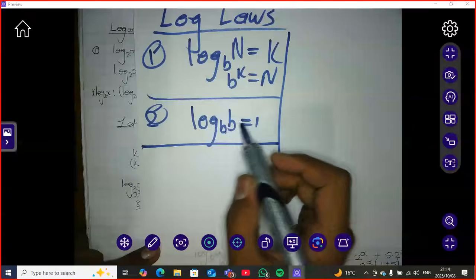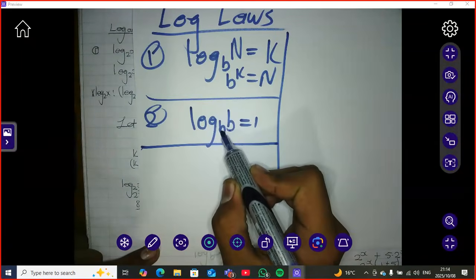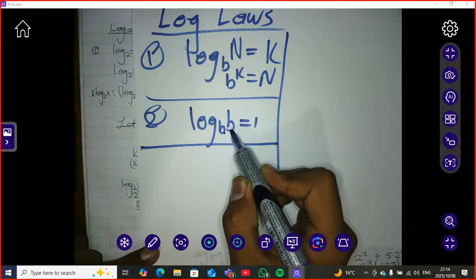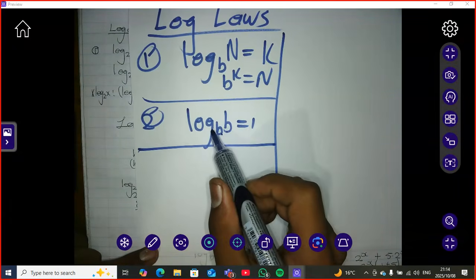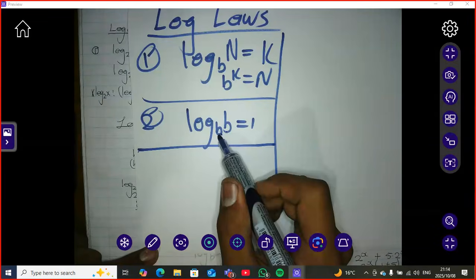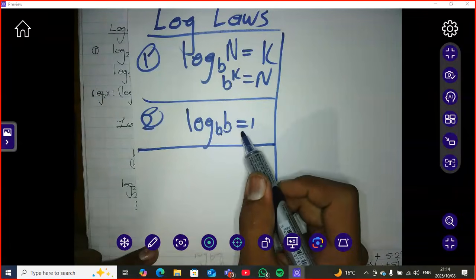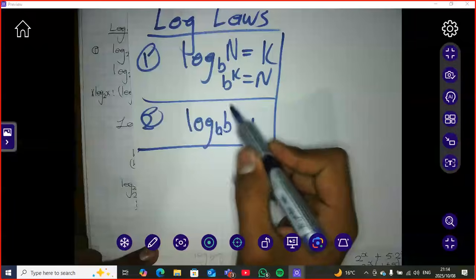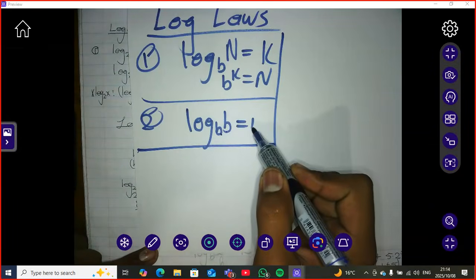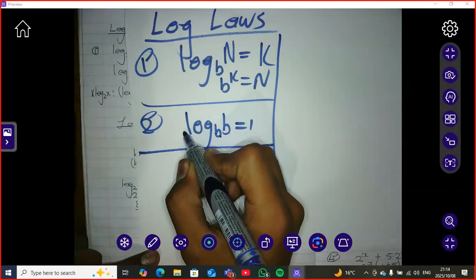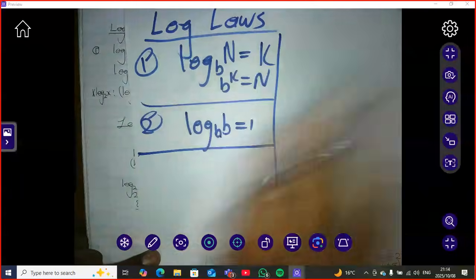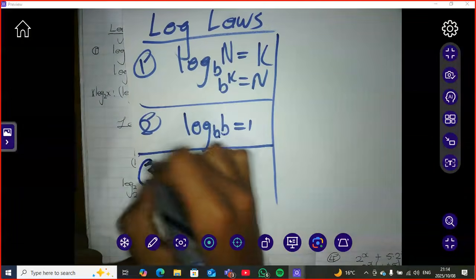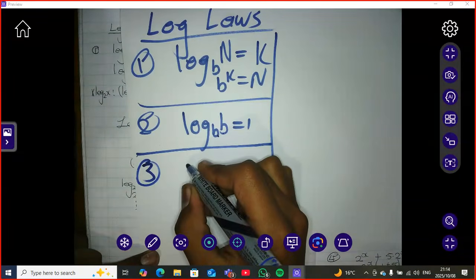If I have log where the base is infinity and the number is infinity, it's equal to 1. If I have log with 3x as the base and the number as 3x, it's equal to 1, no matter what. If these are the same, that's equal to 1. But you will see what I mean by that.